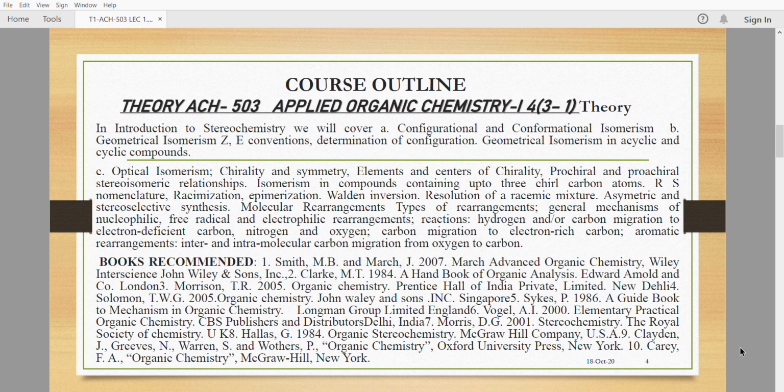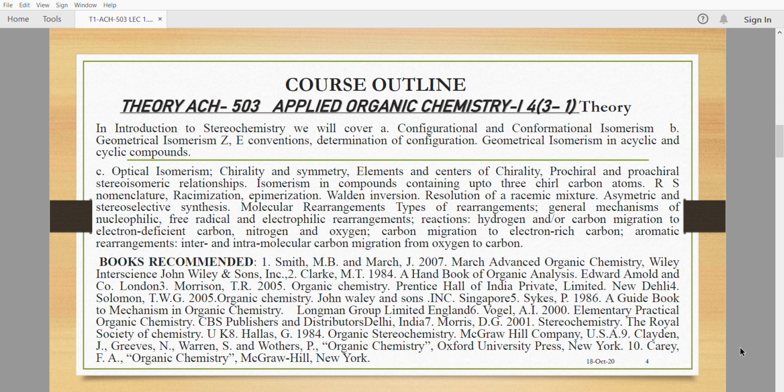Mirror images are very important, and there I will tell you how to name those compounds, how to assign configuration, whether it is R or S, because there are many other configurations like small d, small l, capital D, capital L. D-glyceraldehyde capital is another way to express the stereochemistry, and small d and small l is another way to tell about the stereochemistry of any chiral compound.